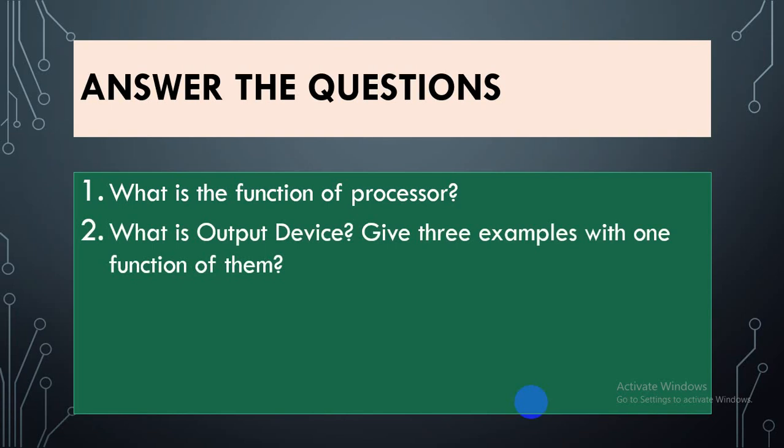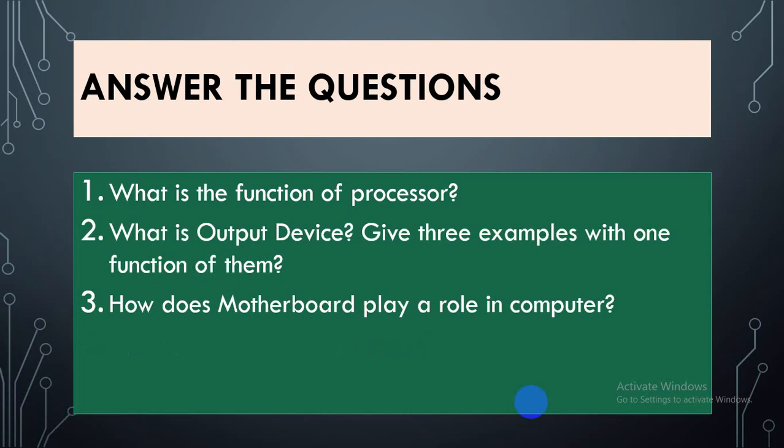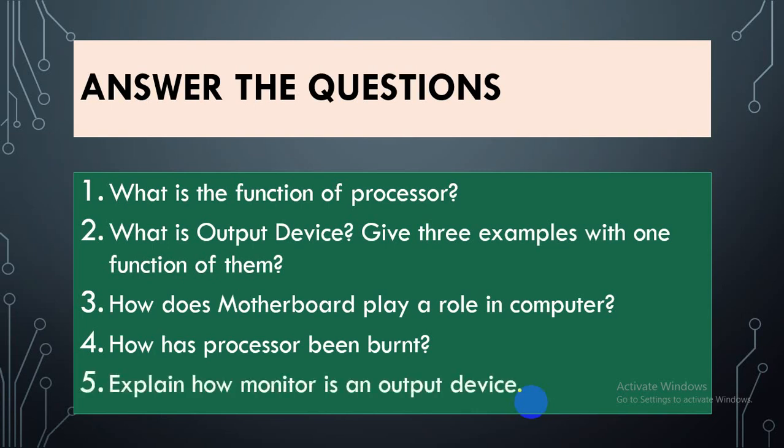Give three examples with one function of each. How does the motherboard play a role in a computer? How has the processor been built? And the last question, explain how the monitor is an output device.